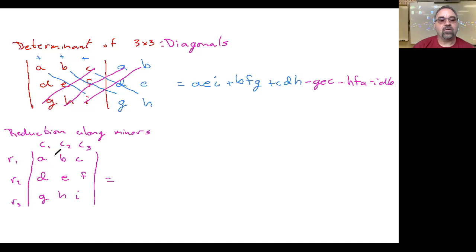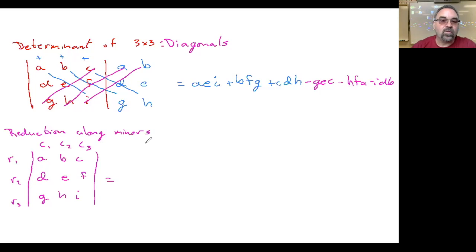That's important because each minor has a coefficient in front of it, and whether the coefficient is positive or negative depends on the sum of the 2 position numbers. So 1, 1 is even, so it has a positive coefficient. Whereas B is in row 1, column 2, so 1 plus 2 is 3, so B will have a negative coefficient. And C is in row 1, column 3, so that's another even number, so it would be positive.